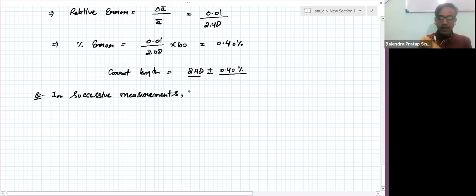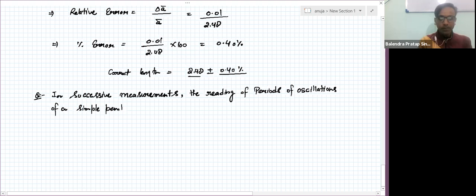In successive measurements, the readings of the period of oscillations of a simple pendulum are found to be 2.63, the next value is 2.56, the next value is 2.42, and the next value is 2.71.